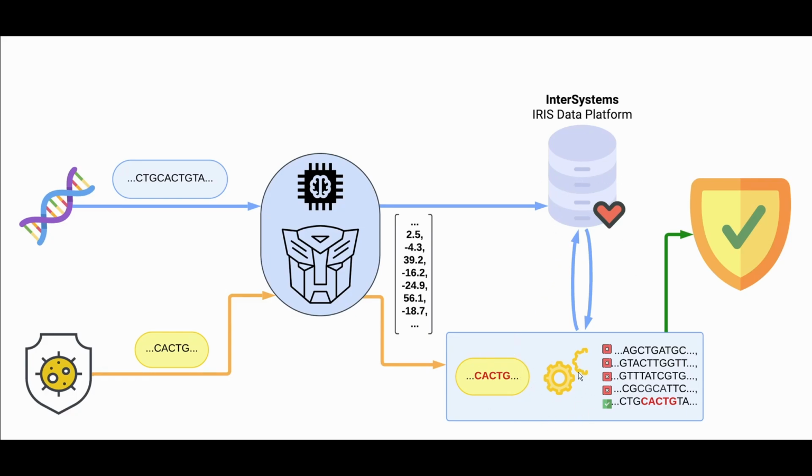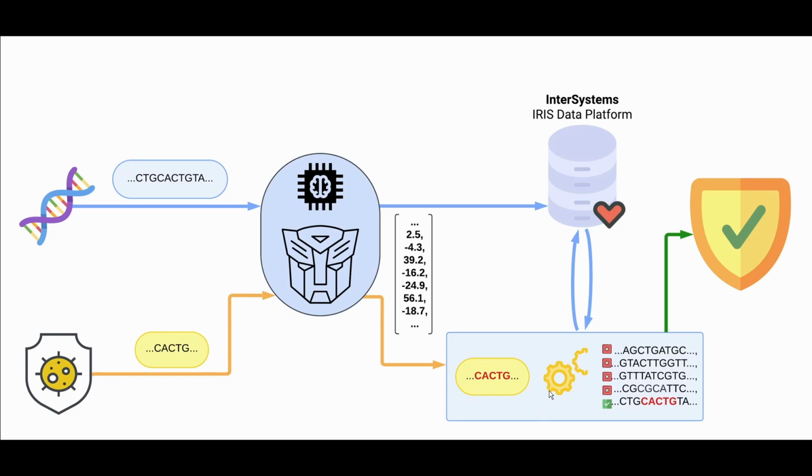Then the program gets the vector representation of the gene, and since the program has access to all the DNA sequences in vector representation, we can ask the database to give us, let's say, the 50 or 100 closest vector representations of DNA sequences that are somewhat similar to the vector representation of our gene. So it's basically finding similar DNA sequences to the gene we provided.